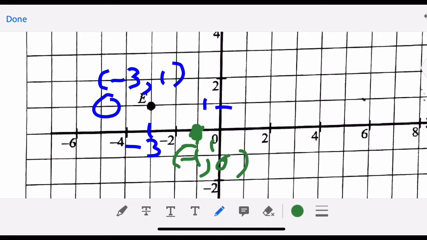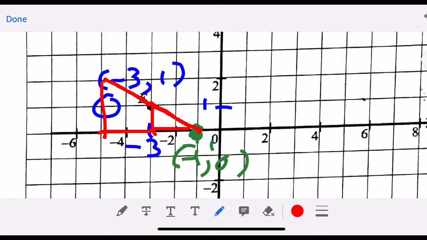Now we want to enlarge this point with a scale factor 2. For enlargement, if it is positive, from the center we connect to the point E, it must be 2 times in the same direction. So we count from the center, 2, 1, it becomes 4, 2.